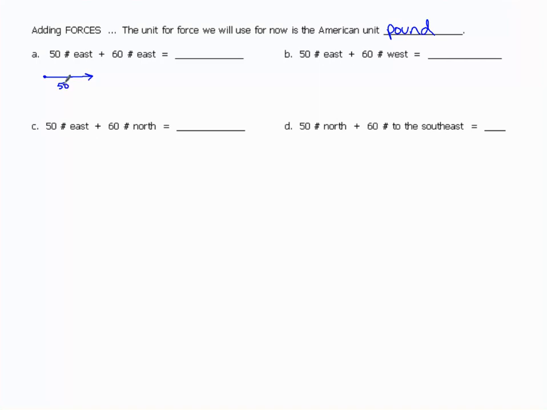So here is 50 pounds, and this one is 60 pounds. And the total, or the resultant vector, would start here and go to here. We are adding them together. 110 pounds to the east.